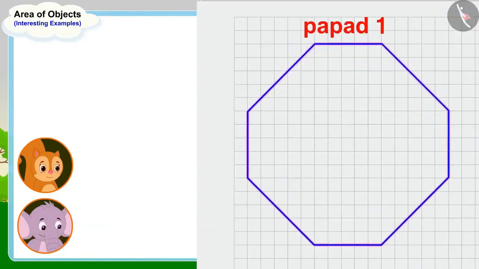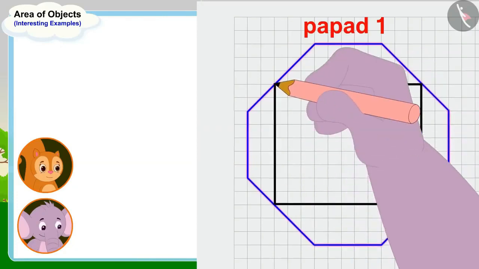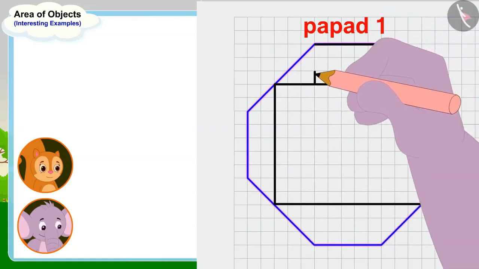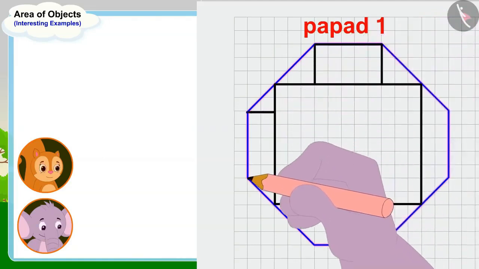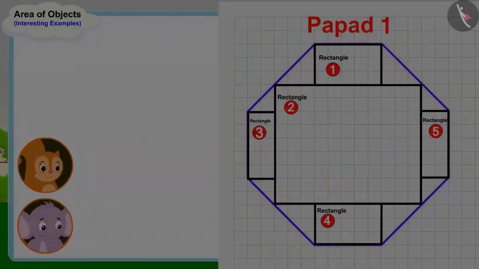Let's first find the area of this shaped popper. Let me first draw this rectangle in this shape here so that it is easy to find the area. Apoo made a rectangle like this in the shape of the first popper.